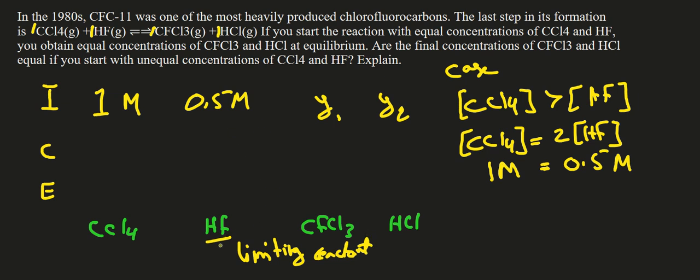Okay, so I just put a small arrow here, so it tells you that this is the limiting reactant, which means it's going to be fully consumed, or almost fully consumed. So the change will be minus... I was going to confuse other people, so I just put this in moles.